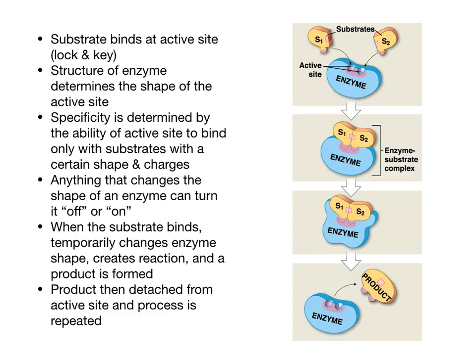Anything that changes the shape of an enzyme can turn it on or off. When the substrate binds, it temporarily changes the enzyme's shape, and this creates the reaction, and the product is then formed. The product then detaches from the active site, and the process is repeated until equilibrium is reached.